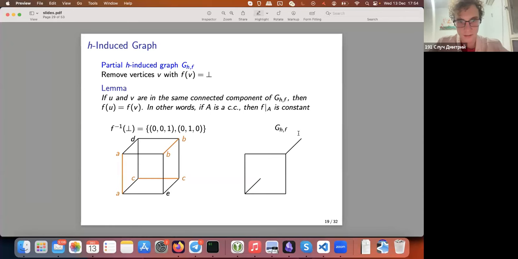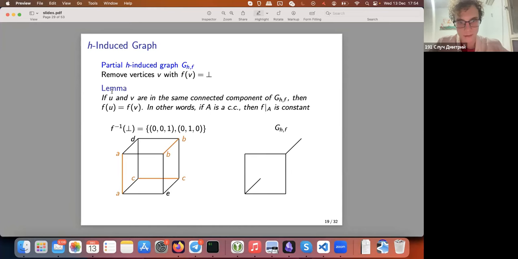And for the partial graph, if 2 vertices are connected, F is defined on these 2 vertices, and there's a good shift between these 2 vertices. So F must have the same value on 2 vertices if they are connected in the partial H-induced graph.